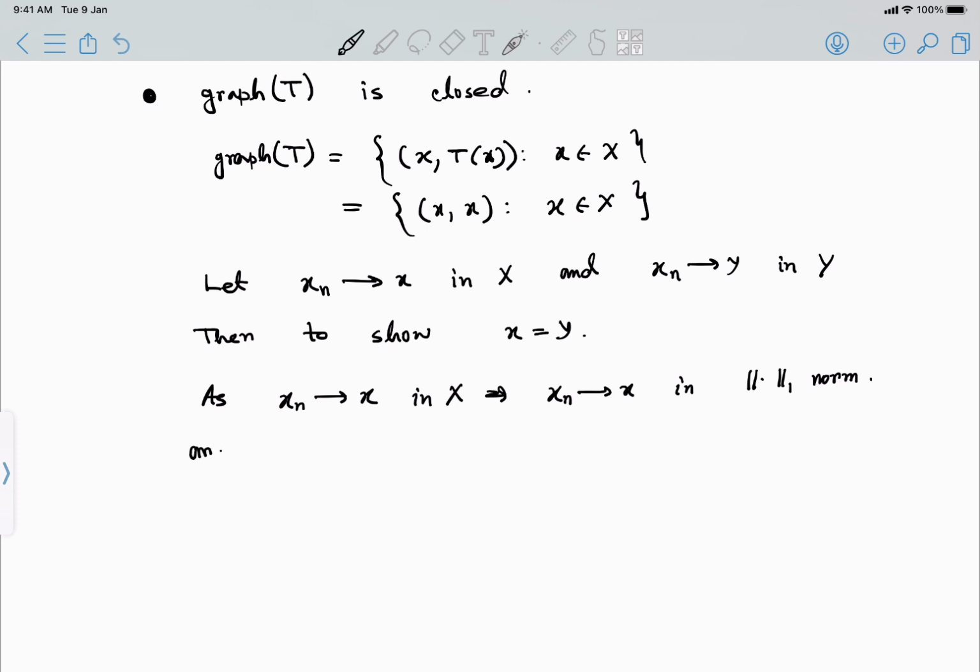And Txn converges to y in Y implies Txn converges to y in L2 norm.